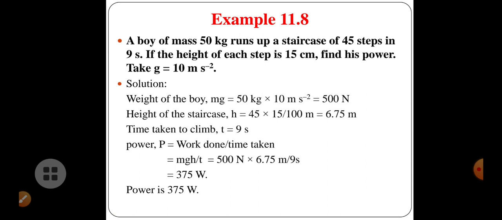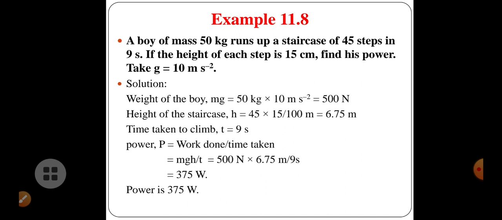In the same way, in example 11.8, a boy of mass 50 kg, mass is given, runs up a staircase of 45 steps in 9 seconds. Number of steps is given, okay, and mass is given. If the height of each step is 15 centimeters, find his power.